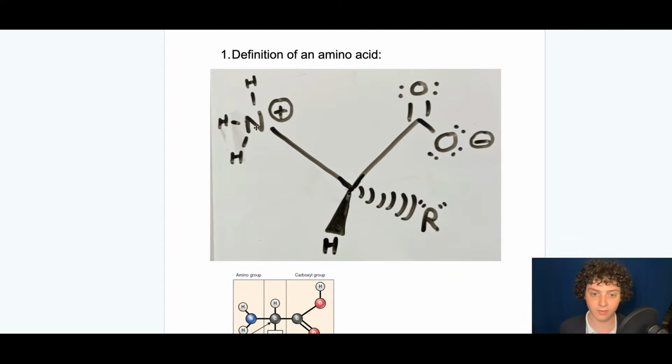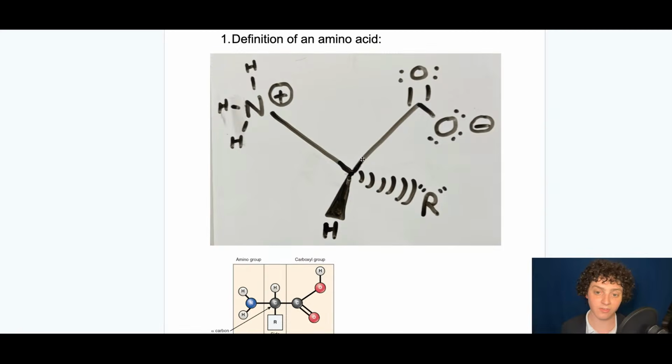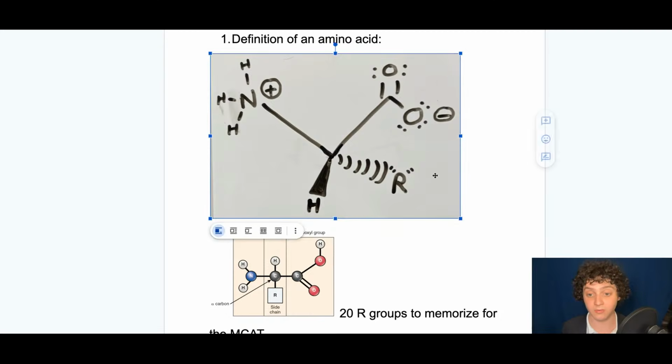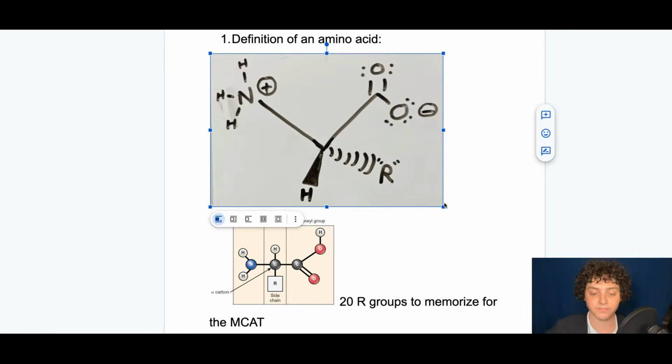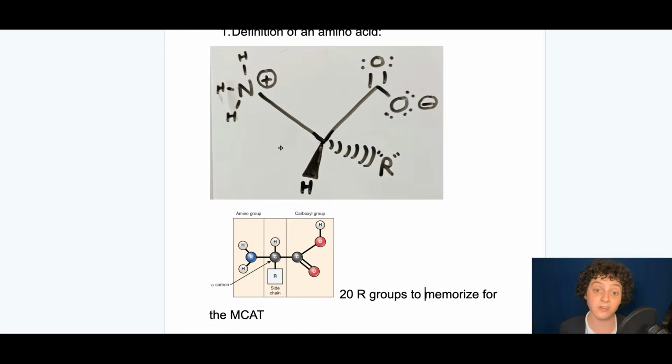So counting that up, that's 1, 2, 3, 4 different substituents. In chemistry, a substituent is any group that is bound to the group that you are referring to. So these are the different substituents of any amino acid.